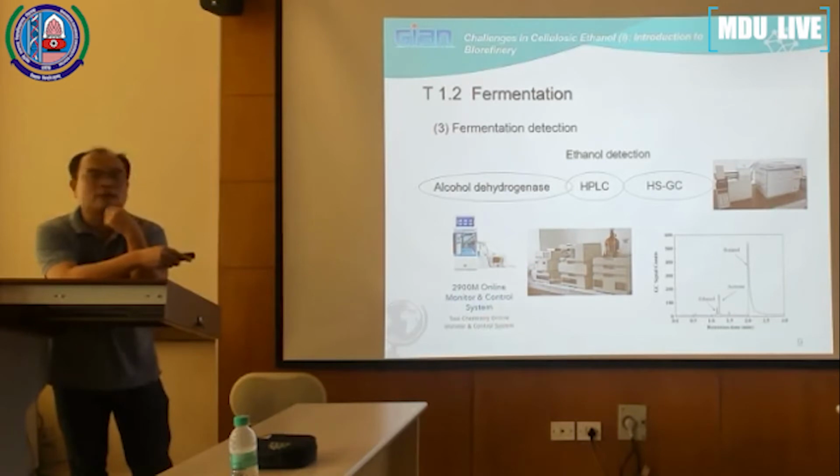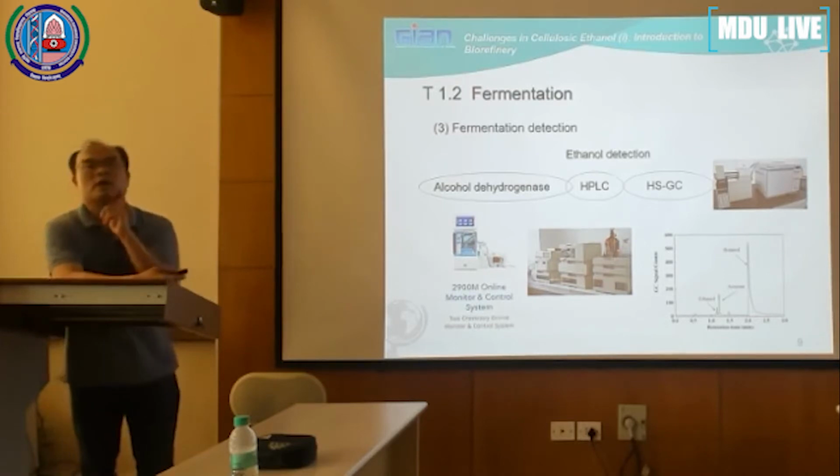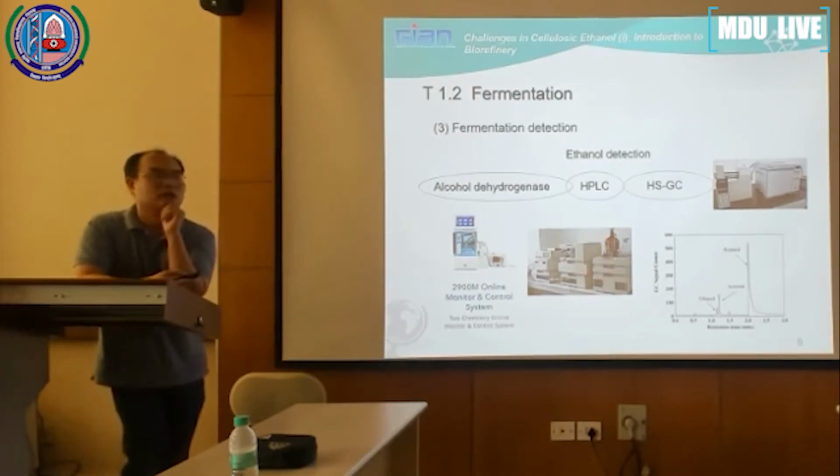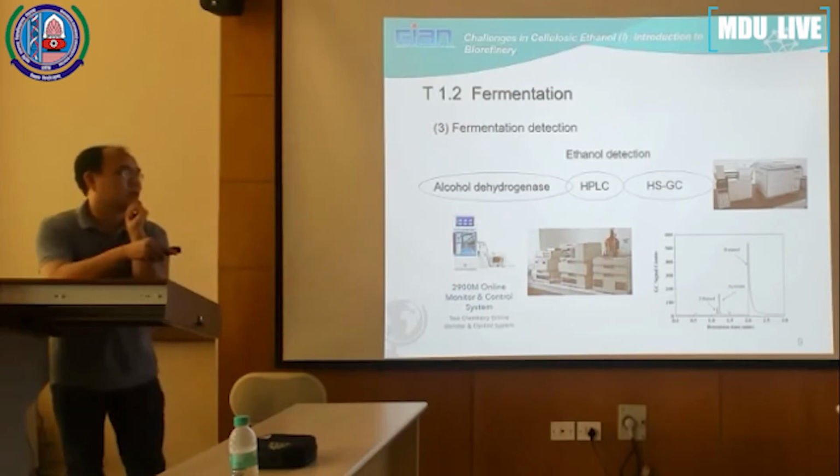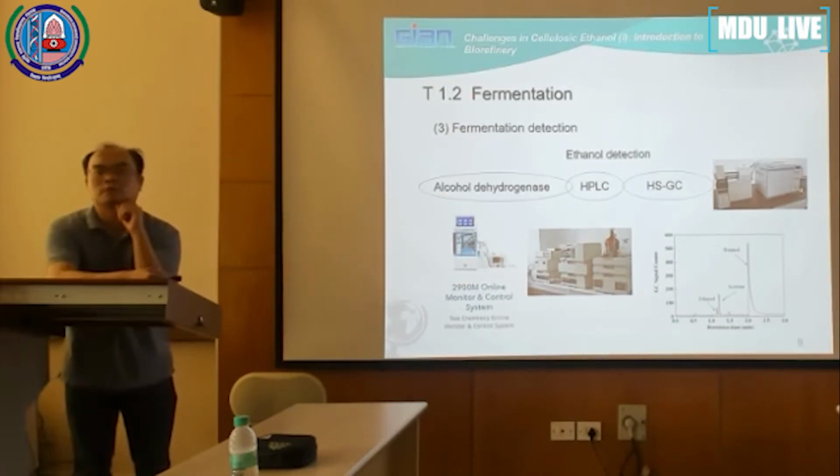I developed a new technology, a gas chromatograph, but we add a headspace. Because ethanol is not in organic solvent, ethanol is in water, so the conventional GC is not suitable. We use headspace.